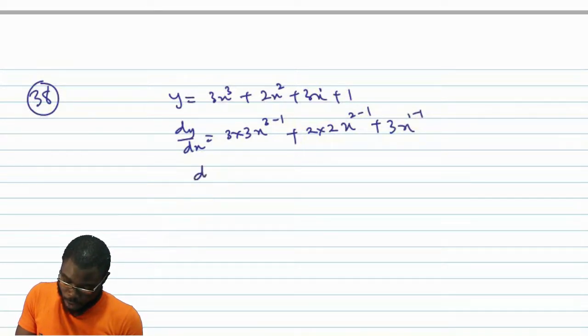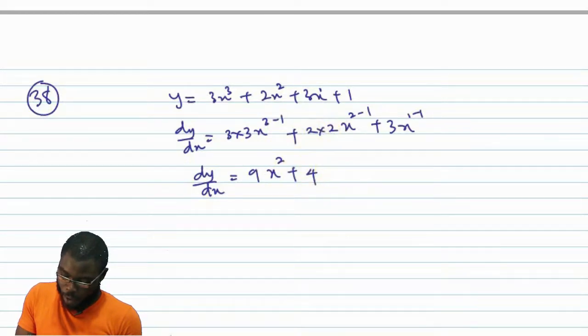So you have dy/dx equals 3 times 3, you have 9, x raised to the power 3 minus 1, 2, plus 2 times 2, you have 4, x raised to the power 2 minus 1, you have 1, plus 3, 1 minus 1, you have 0.